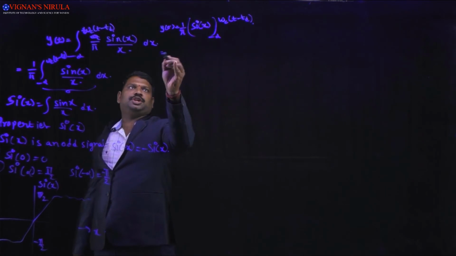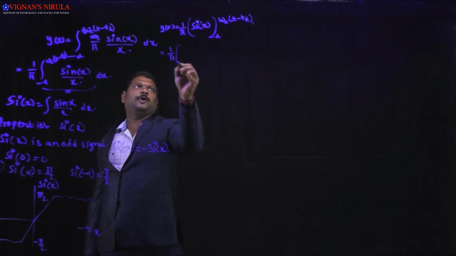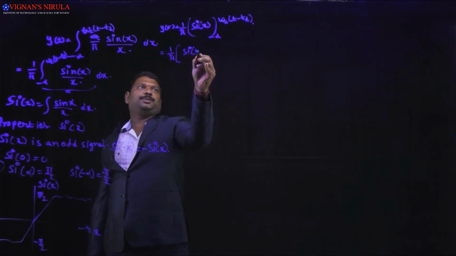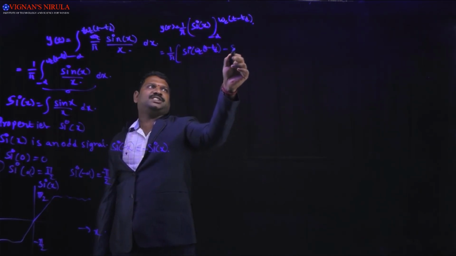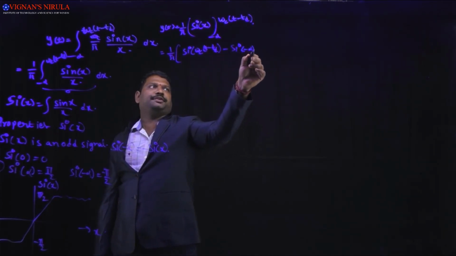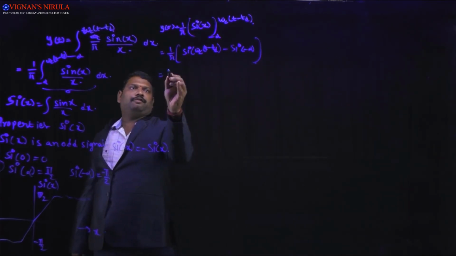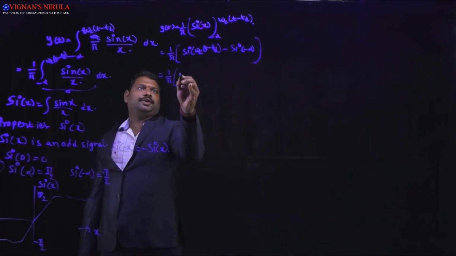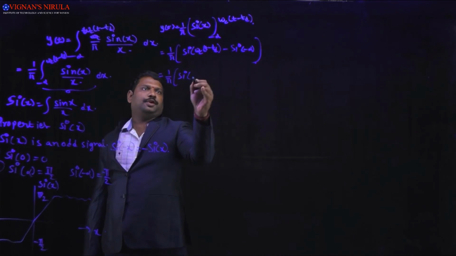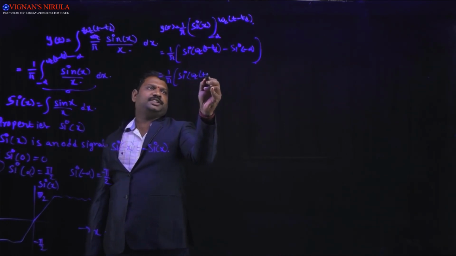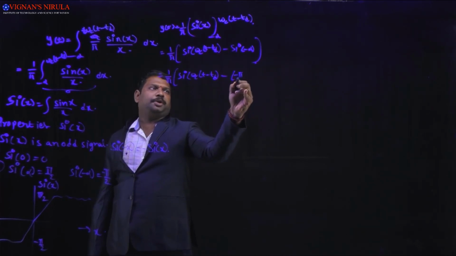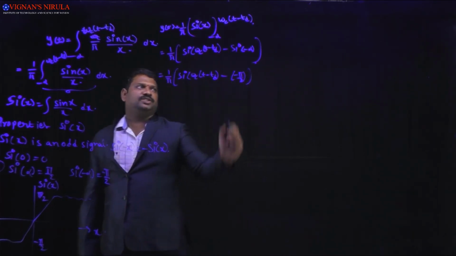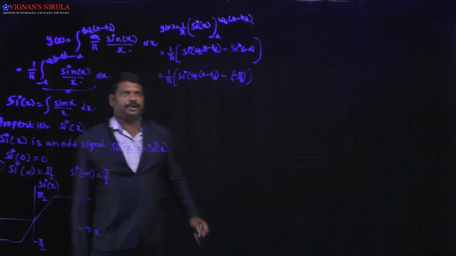Substituting the limits, 1 by pi of Si of omega c of t minus td minus Si of minus infinity. Si of omega c of t minus td is as it is, minus, Si of minus infinity is minus pi by 2.